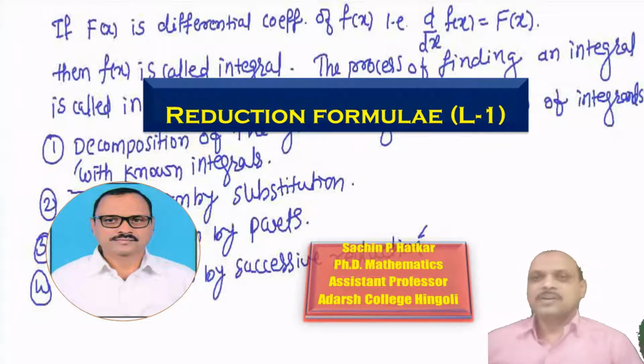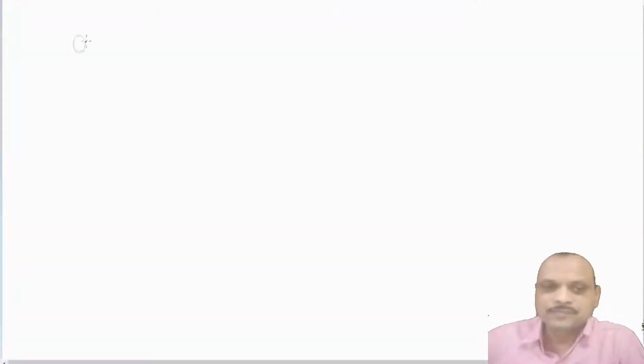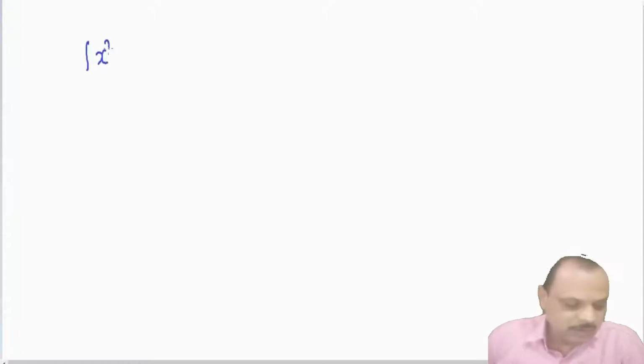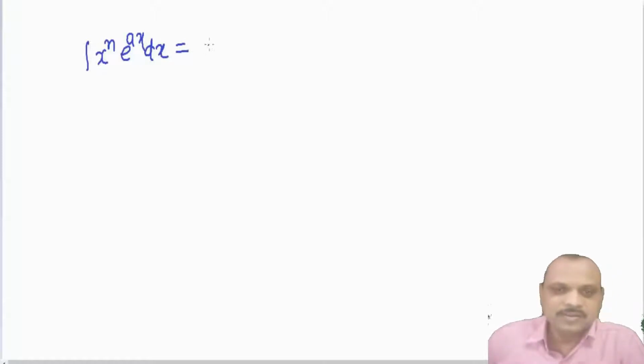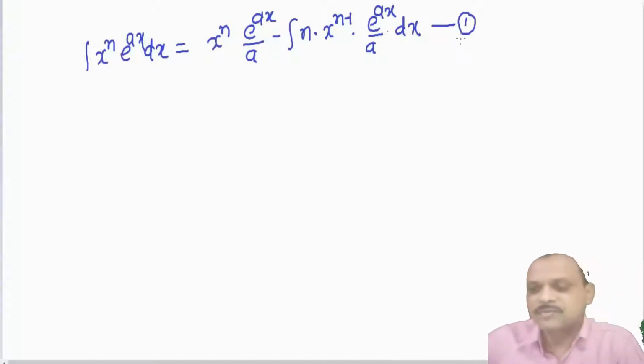Among these reduction formulas, the very first formula is the integration of x raised to n into e raised to ax into dx, equal to x raised to n into the integration of e raised to ax, which is e raised to ax divided by a, minus the derivative of the first, n into x raised to n minus 1, integration of the second, e raised to ax divided by a, into dx. This is our reduction formula.